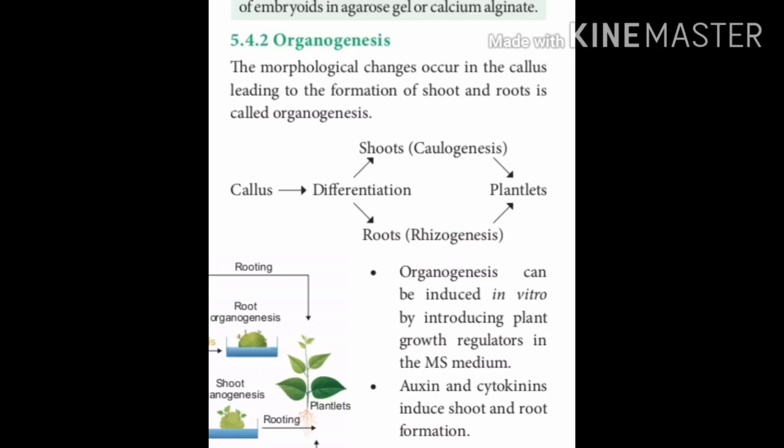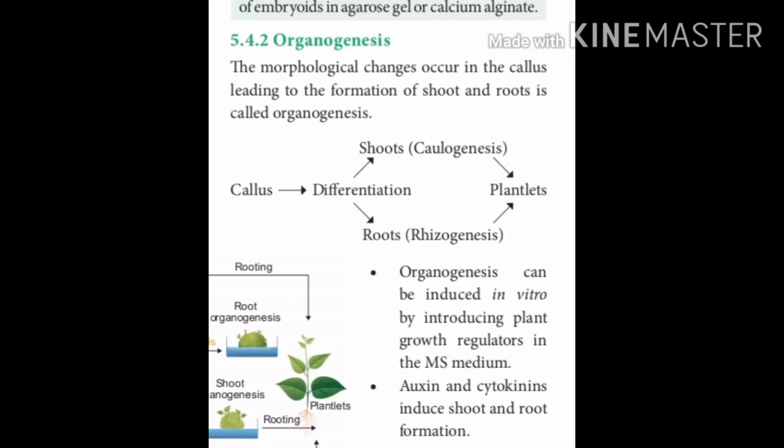Organogenesis can be induced in vitro by providing plant growth regulators in the MS medium. What are the regulators that we can use? Auxin and cytokinin, which induce shoot and root formation. So taking up a small cell and making that cell grow into a new plant is called embryogenesis.